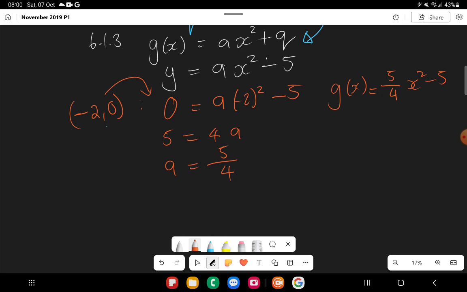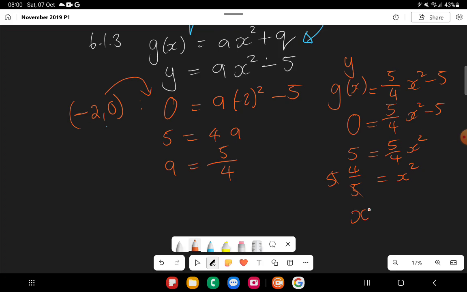I want to know what the x-intercepts are. So y is 0: 0 is equal to 5 over 4 x squared minus 5. Positive 5 is equal to 5 over 4 x squared. So 5 times 4 over 5, these two cancel out, x squared.